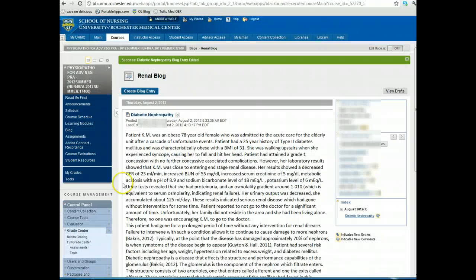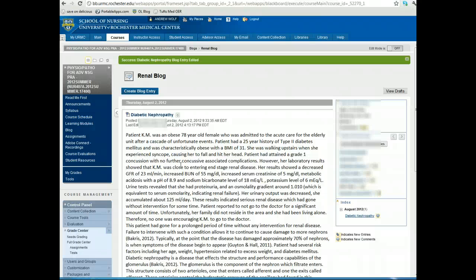Okay, so next I want to talk about blogs, and this is a blog that I used in a course that I'm teaching this summer. The assignment that I gave is I asked students to write a formal paper that describes a patient scenario and then describes the pathophysiology that underlies the patient's condition.